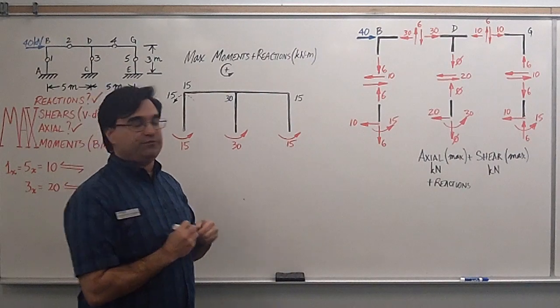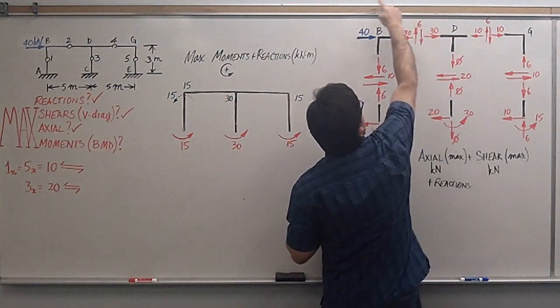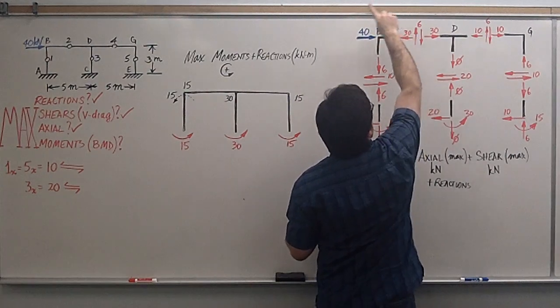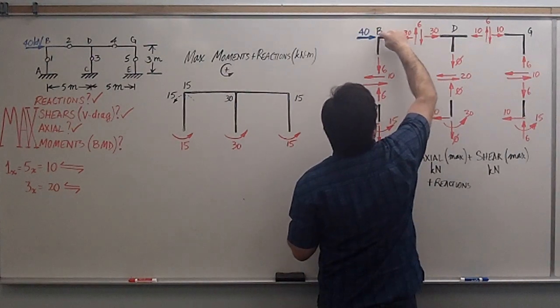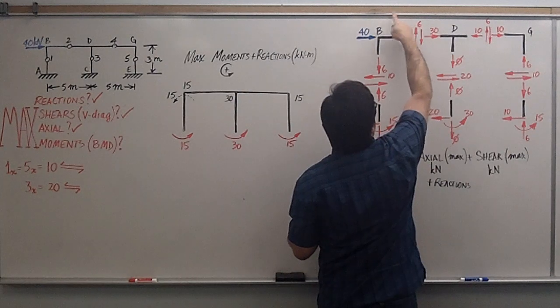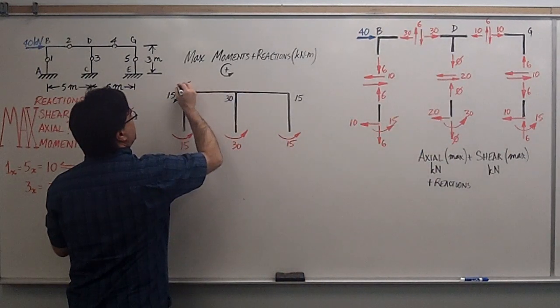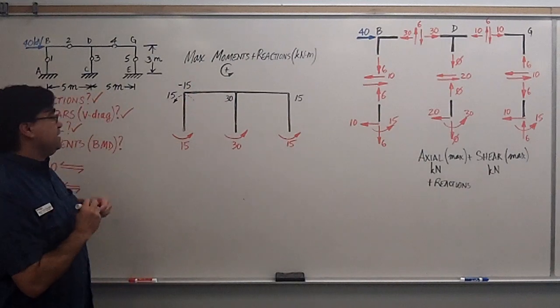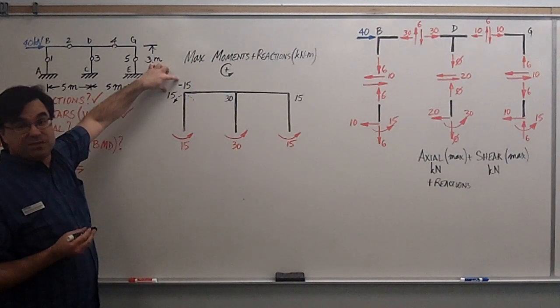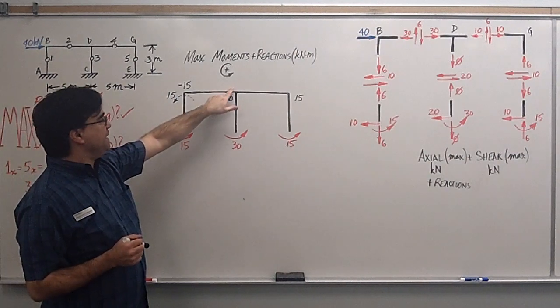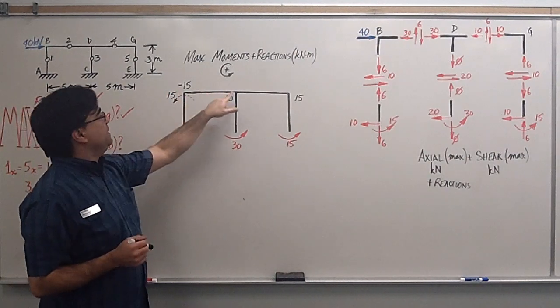Now 15 going up like this is trying to cause a counterclockwise moment. That means at this end, you need a clockwise moment to balance it out. Clockwise is negative. So that's good, right? These two ends balance out. You have 0.